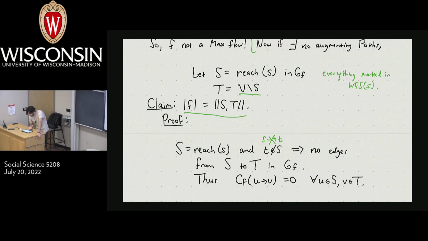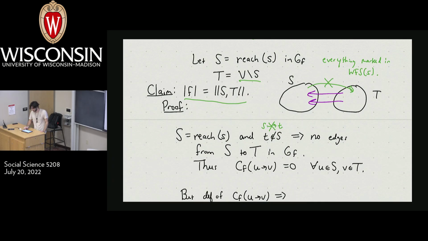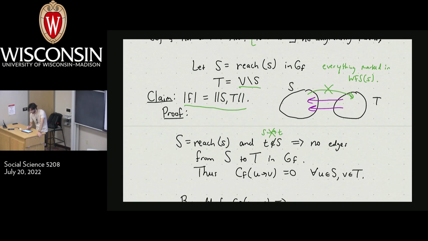Because of these two things, we know there are no edges from capital S to capital T in G of f. So if we drew a picture, we have S, we have T, and there might be edges from T to S, but there are no edges from S to T. These don't exist. So in particular, we know the residual capacity is 0 for any of those potential green edges.